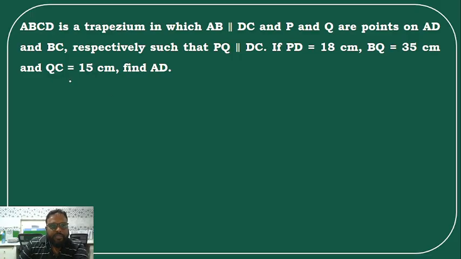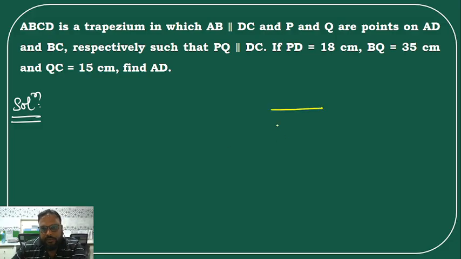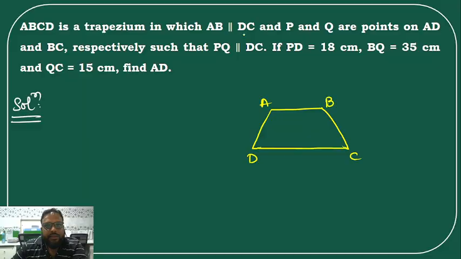If you see the second question here, ABCD is a trapezium in which AB is parallel to DC. Okay, let us try to draw the figure here itself, so parallelly we'll do the things. ABCD is a trapezium in which AB is parallel to DC.